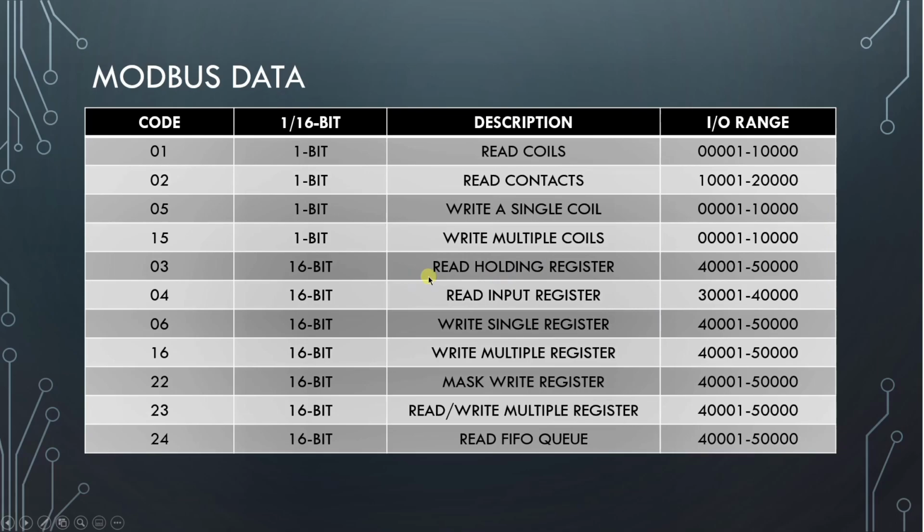We mainly deal with holding registers, input registers, and read and write of these two registers. You have a few points which go with coils, but the rest we would usually be dealing with are holding and input registers for your integration and stuff.